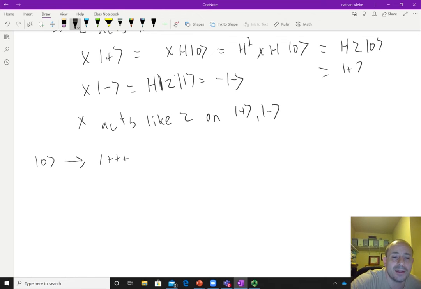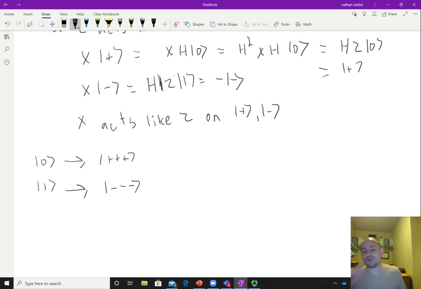We're going to encode that as plus plus plus, and 1 we're going to encode as minus minus minus. This is equal to 0 logical, and that's equal to 1 logical in our case.